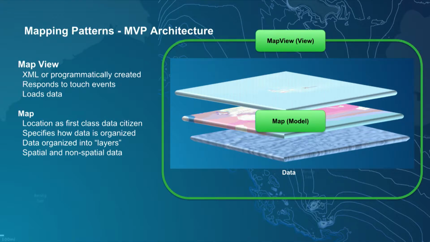In this SDK, location is a first-class citizen, so you're able to do spatial queries. You're able to represent location with data that has been geotagged, for example, and it does this automatically. The model piece is about how that data is organized, and it allows you to do both spatial and non-spatial queries, and we'll talk some more about that.